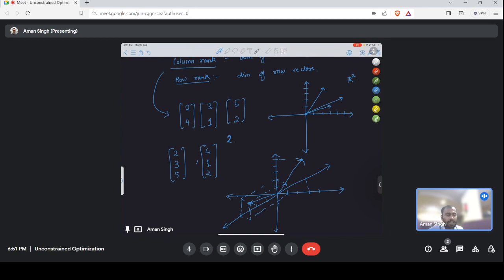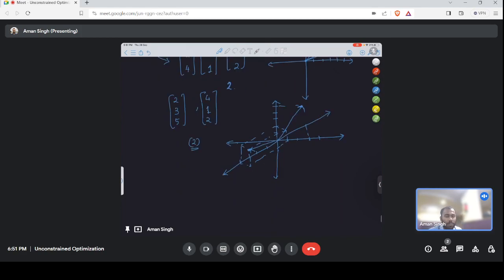Any two vectors in R3 always form a plane, so they span a plane, and the dimension of that plane is 2. So row rank and column rank are both 2 here.